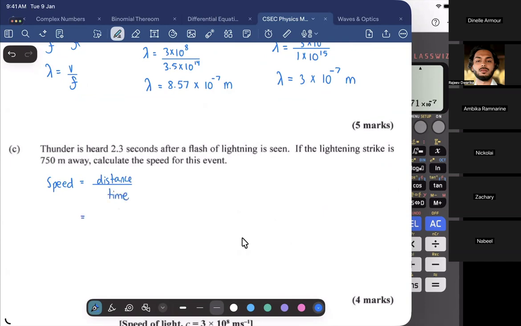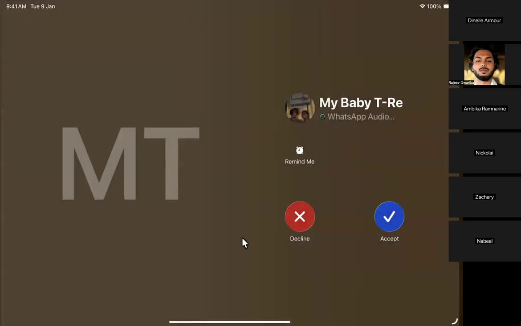Right? How far was the lightning strike? 750, right? And what was the time taken for you to hear it? 2.3 seconds. What is 750 over 2.3?